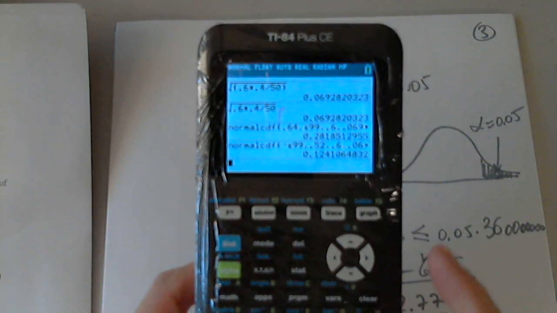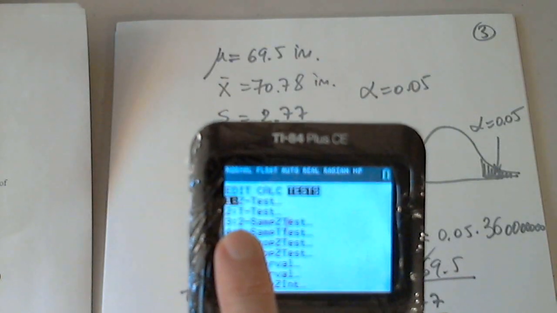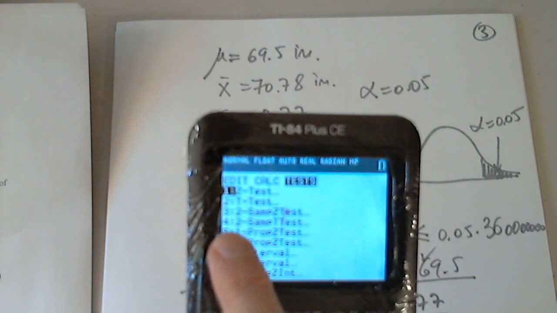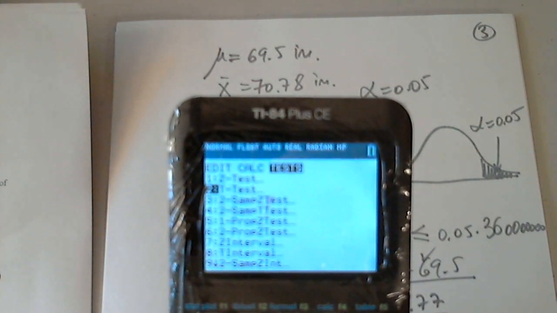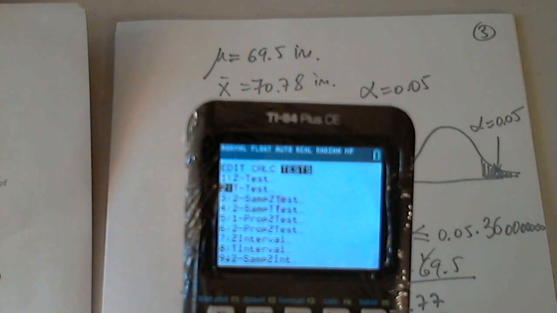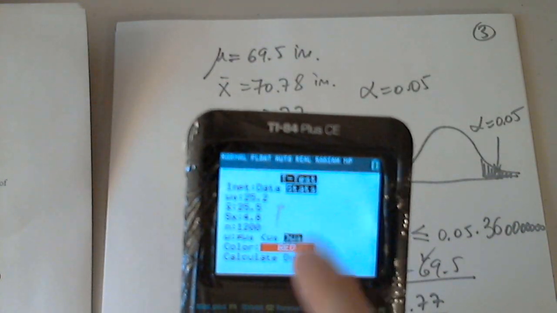So go to stats, go to tests, and select number 2, T-Test, and press enter. We are using not the data, we're using the stats.